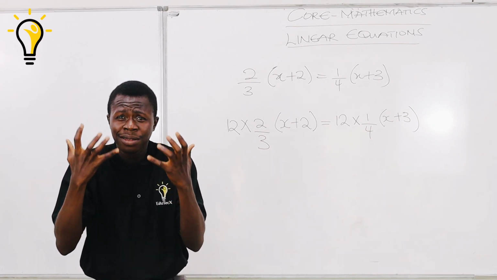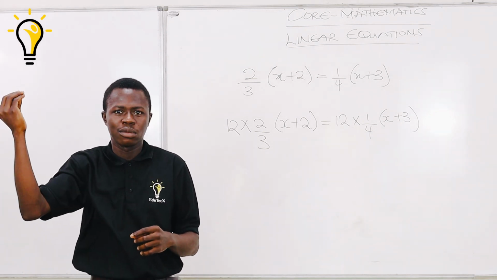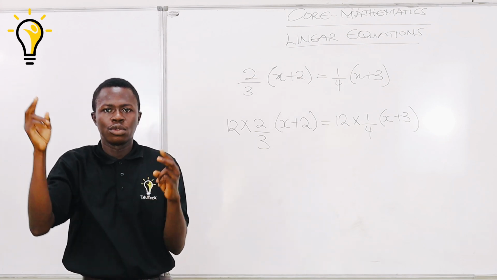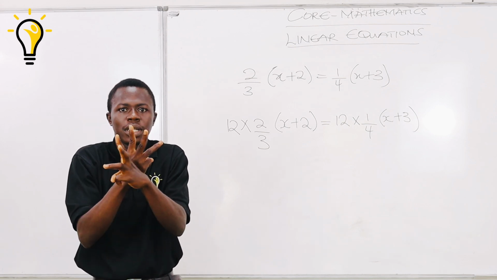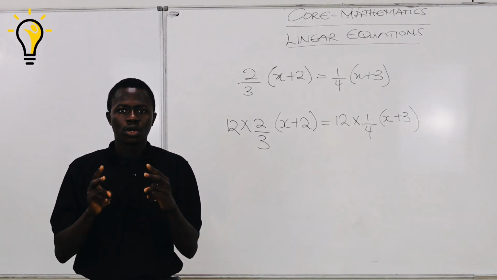Remember, we just want the fractions to go off. We don't need the fractions in the expression. That is why we multiplied 12 by each term in the expression.